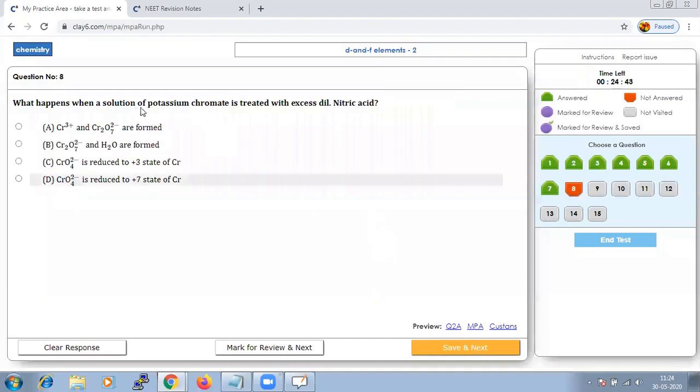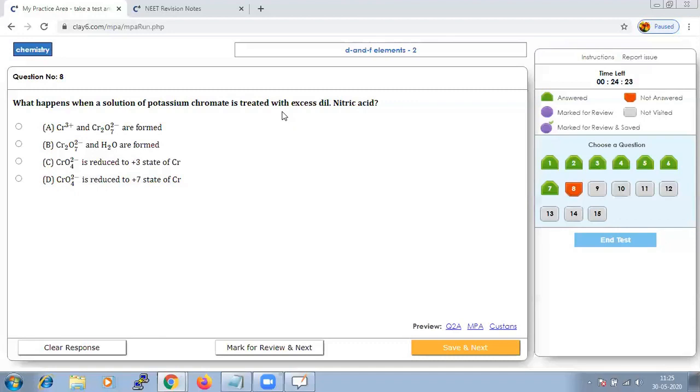What happens when a solution of potassium chromate is treated with dilute nitric acid? Do remember, dilute nitric acid will convert chromate to dichromate and water.